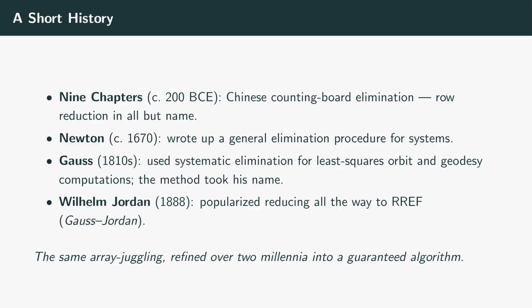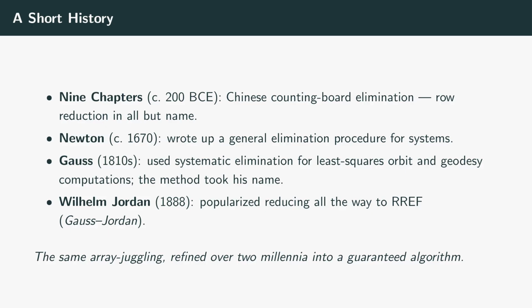A bit of history closes the loop from last episode. The Chinese classic The 9 Chapters on the Mathematical Art from around 200 BCE already solved systems by juggling an array of rod numerals on a counting board, row reduction in all but name, more than 2,000 years ago. Around 1670, Isaac Newton wrote up a general elimination procedure for systems of equations.